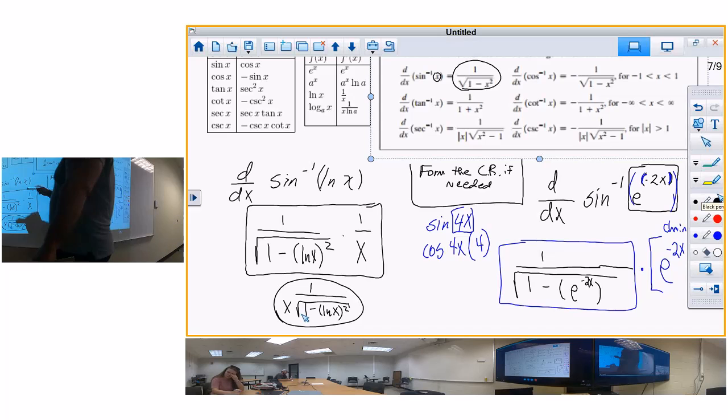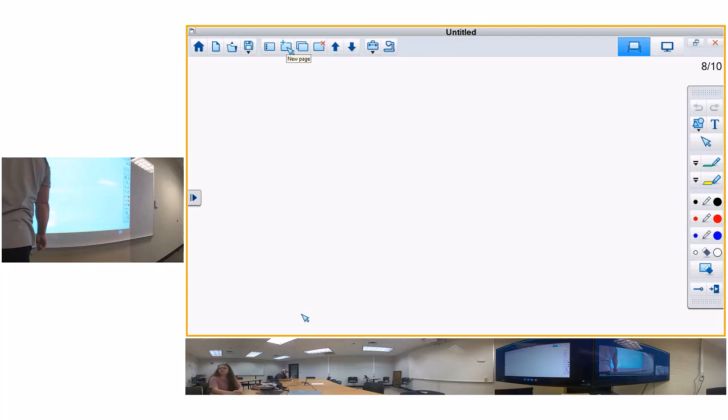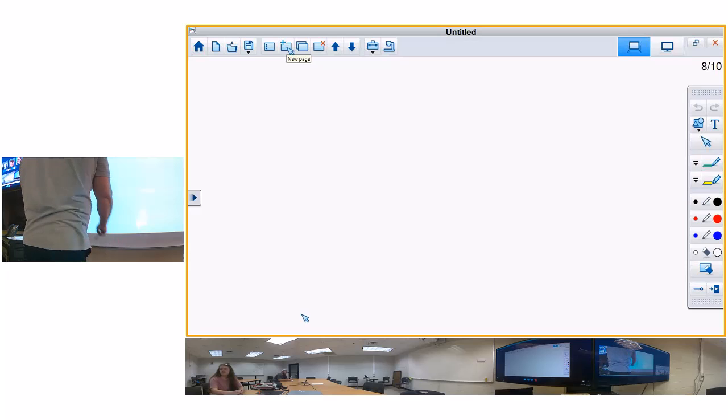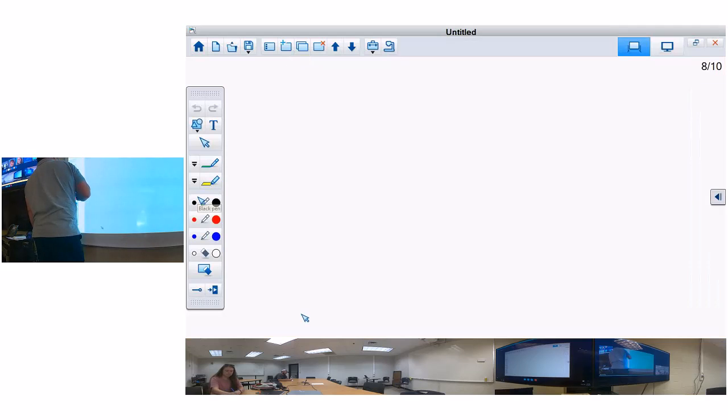Find the equation. This one will say find the equation of the line tangent to; you need to write that down.